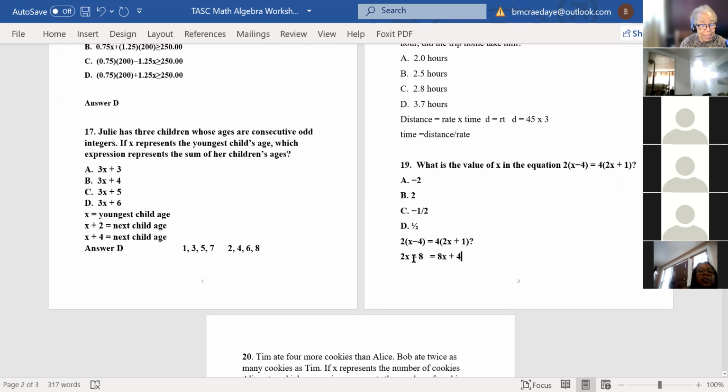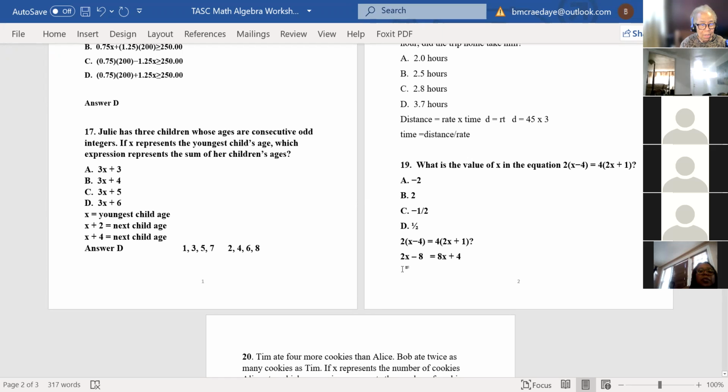Then you can subtract the 8x from both sides, and you get what? 2x minus 8x. So you'll combine your variable terms, and then your constants. You follow?